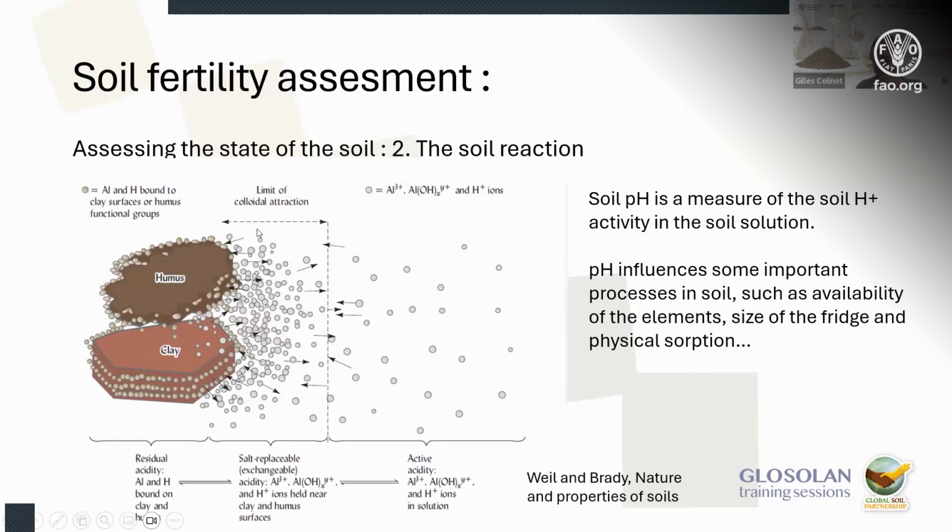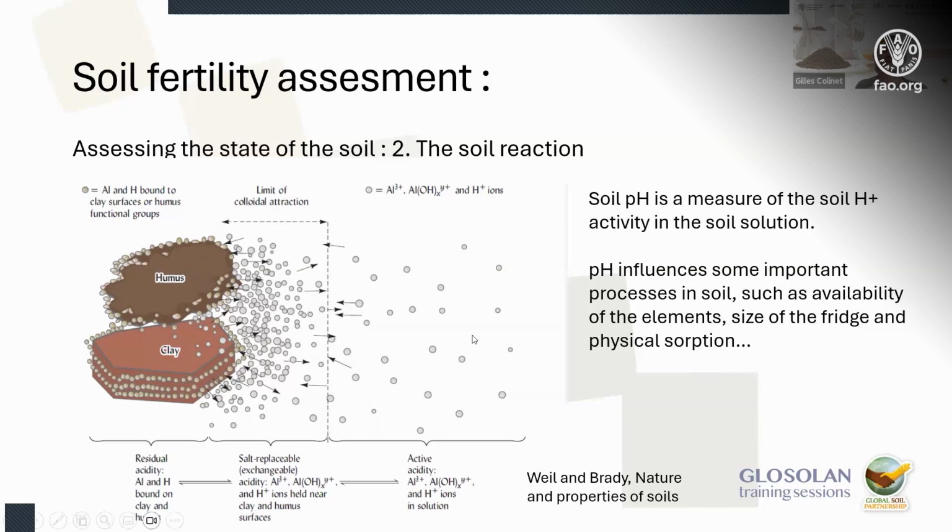So it's the acidity which is linked to the surface of the clay and the humus, that are attracted by the properties of the colloid. And to evaluate this, you replace the water by a salt. Usually we use KCl, but some other references are based on other salts such as CaCl2 or BaCl2 and so on.